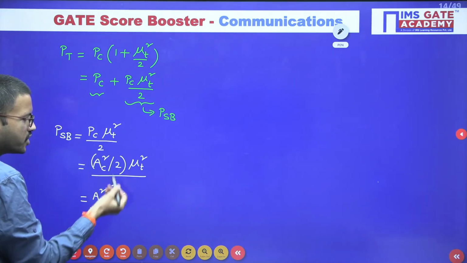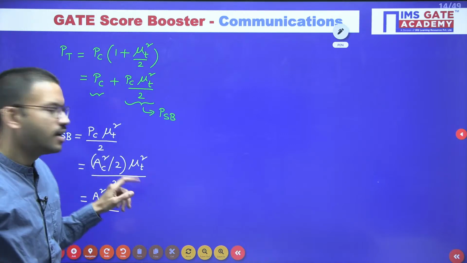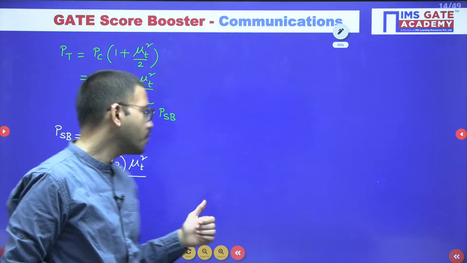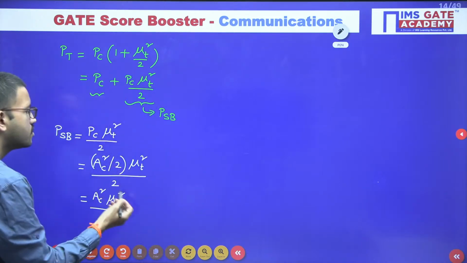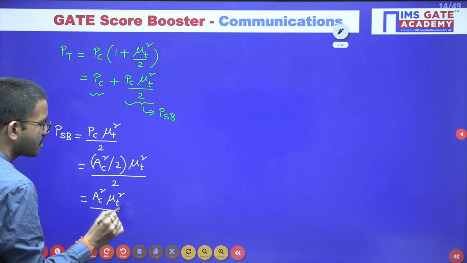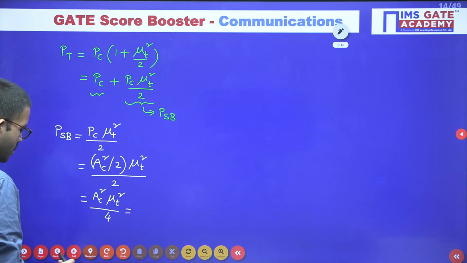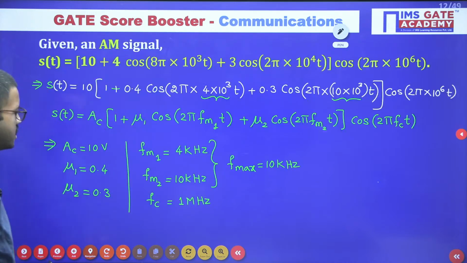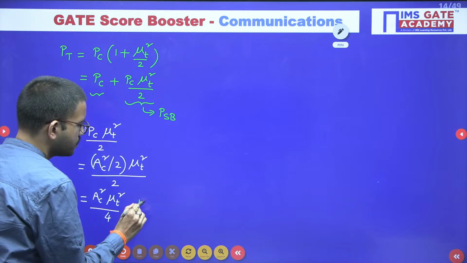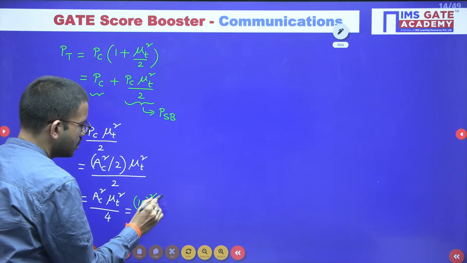See, both are in the denominator. Sometimes students in hurry mode will cancel these two, but both are in the denominator only. Whenever both are in the denominator, you have to multiply: 2 into 2, you get 4. Now you can substitute the Ac value. Ac value we have is 10 volt, so 10 whole square.